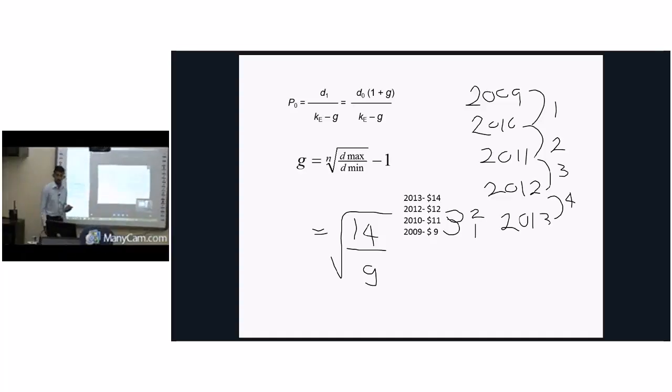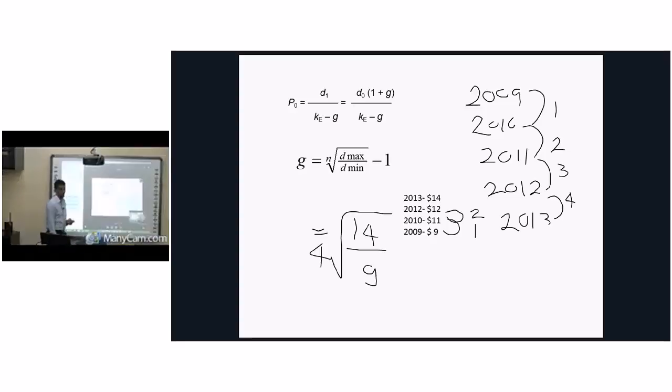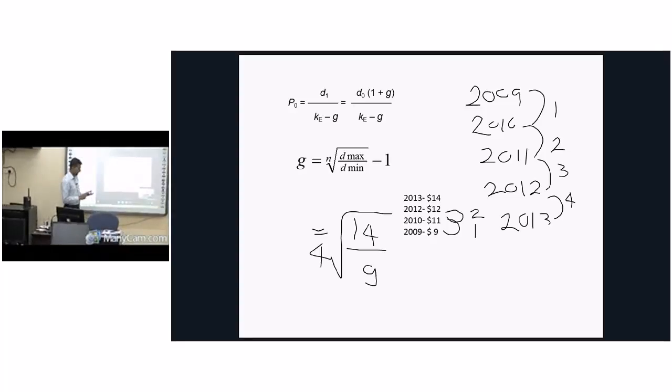So the number of steps would be 4 here. This is very important. Or you can calculate by the number of years: 2009, 2010, 2011, 2012, 2013. That's 5 years, minus 1 is again 4. Are we clear with this 4?